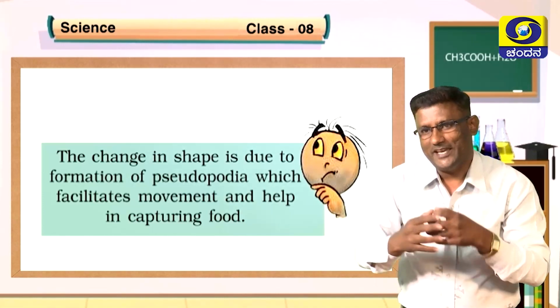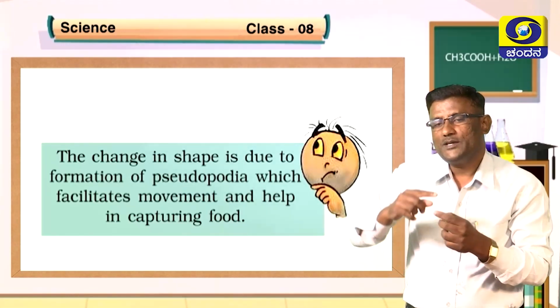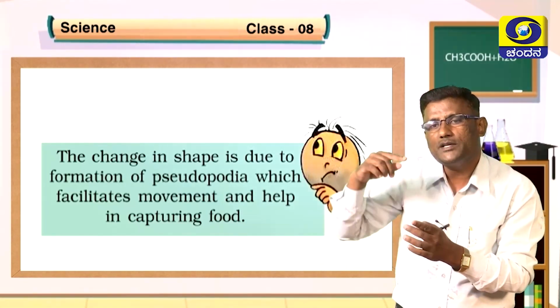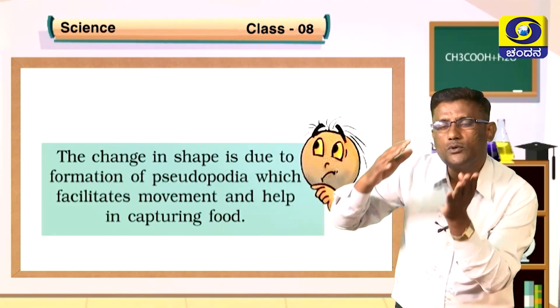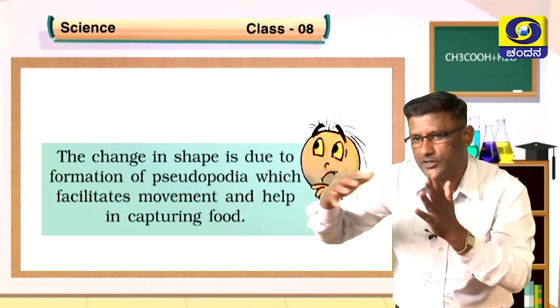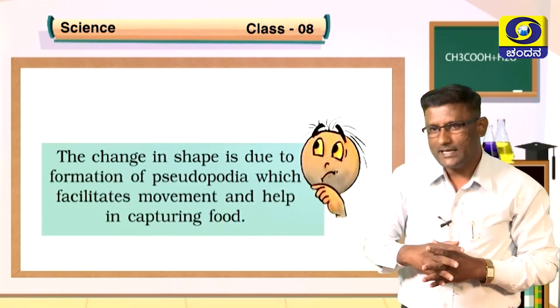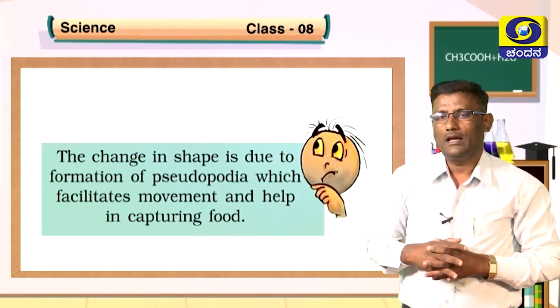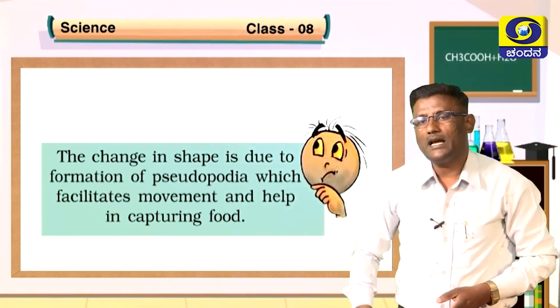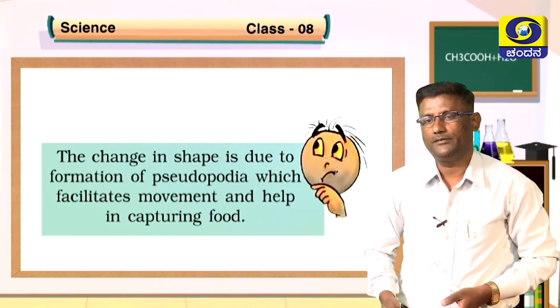I mean to say, the changes in the shape of the amoeba are due to the formation of pseudopodia, false foot-like structures, which facilitate movement of the amoeba body and in turn help in capturing food materials.